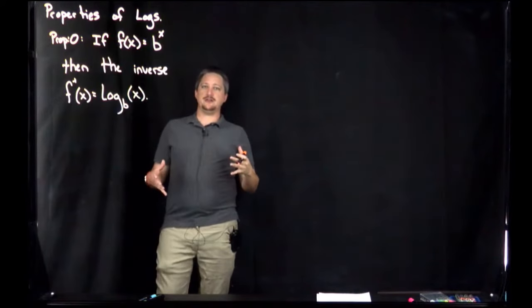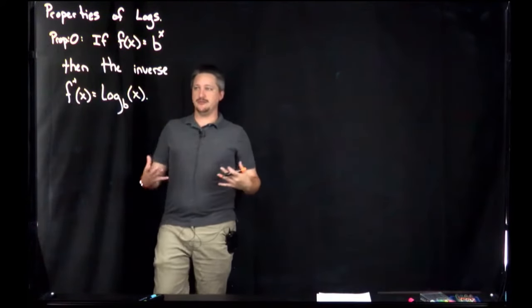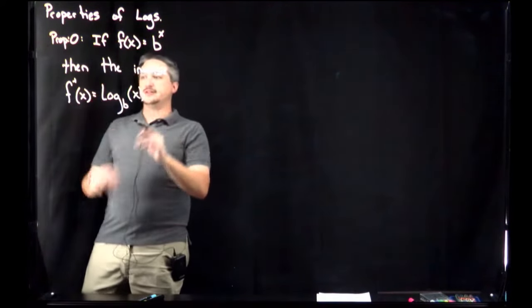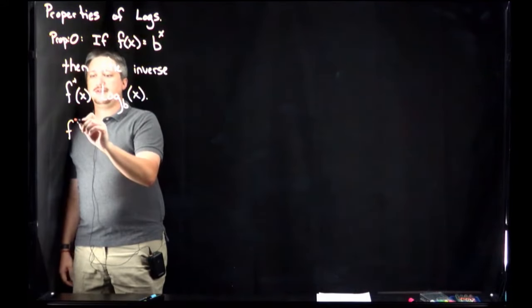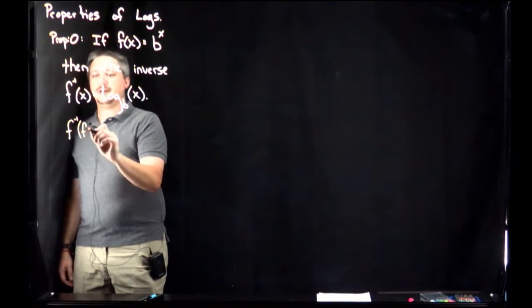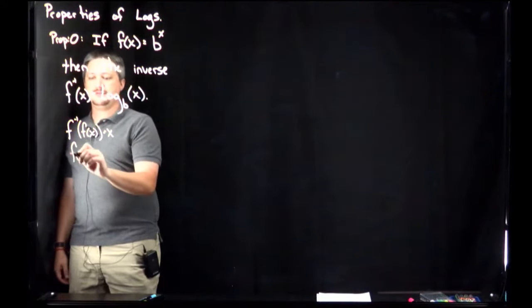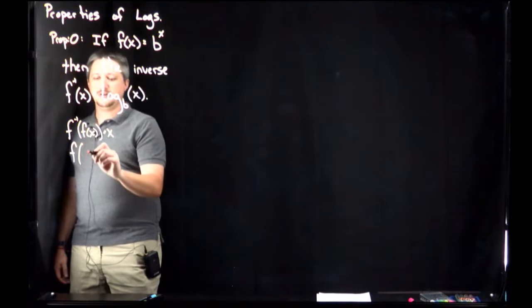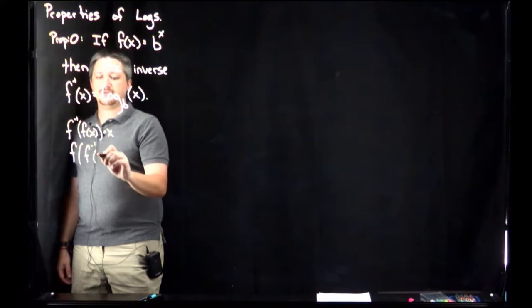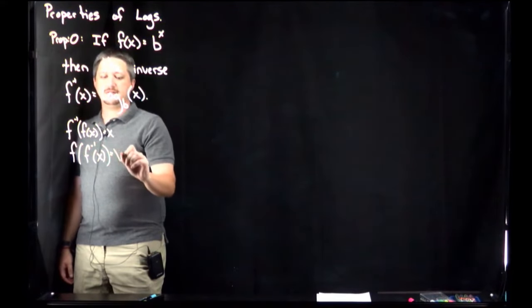And as we mentioned when we talked about inverse functions, the whole idea of an inverse function is that f inverse of f of x is x, and because this is important, f of f inverse of x is x.